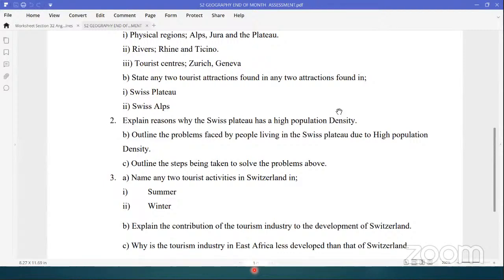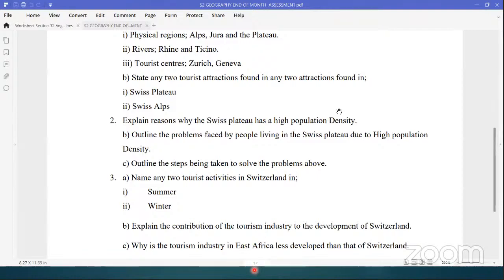Irene is saying, Swiss Plateau has enough pasture for animals, which promotes livestock farming. Thank you. We are now on the problems. Members, what problems do you think? Yes, Abigail. I think there is a high crime rate.